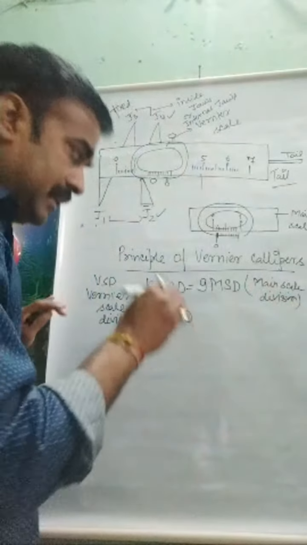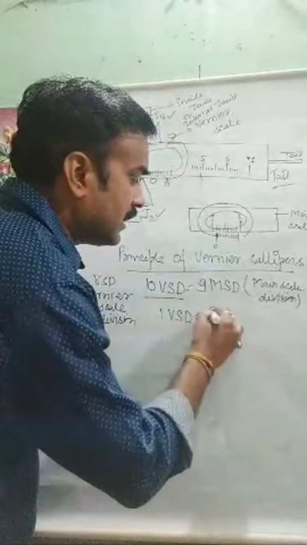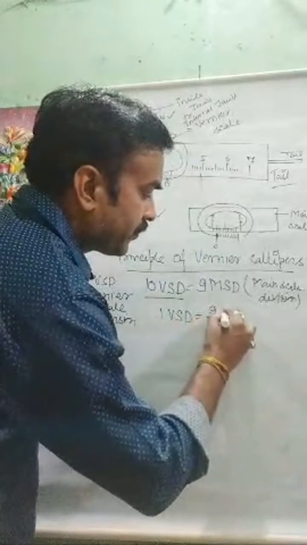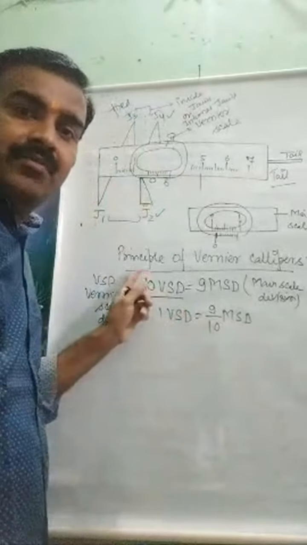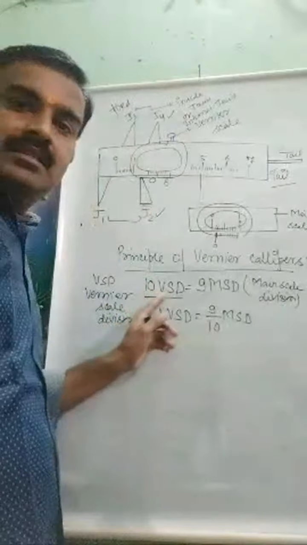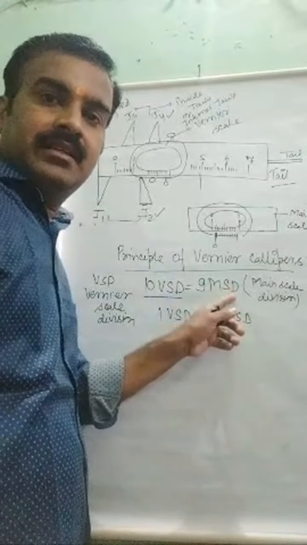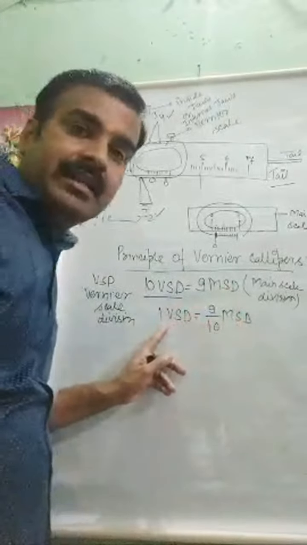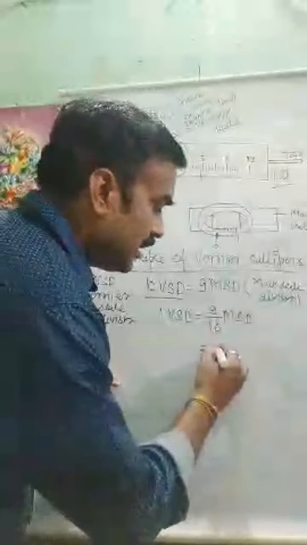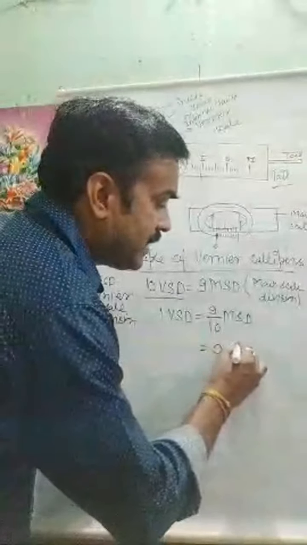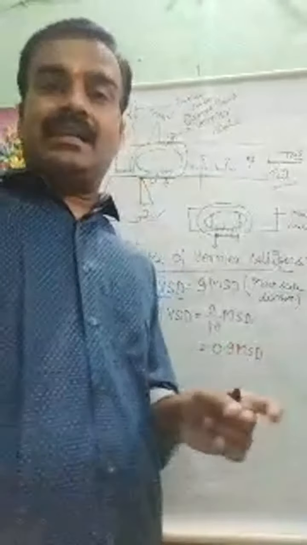Now one Vernier scale division is equal to 9 upon 10 MSD. Clear? 10 Vernier scale divisions are equal to 9 main scale divisions, so 1 Vernier scale division is equal to 9 upon 10. So here you get 0.9 MSD, 0.9 main scale division.